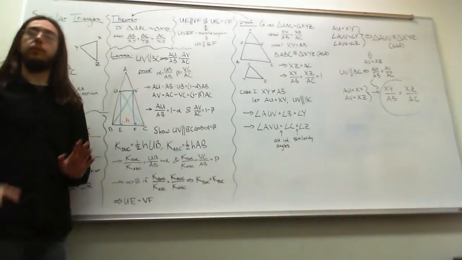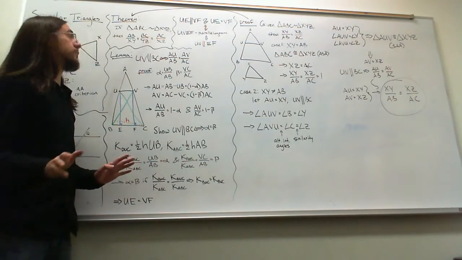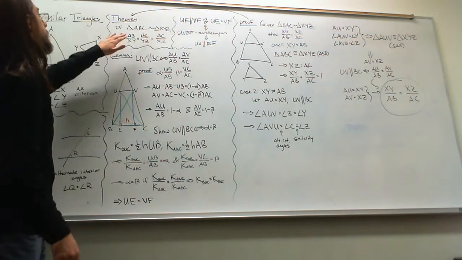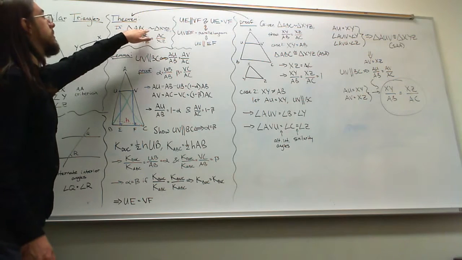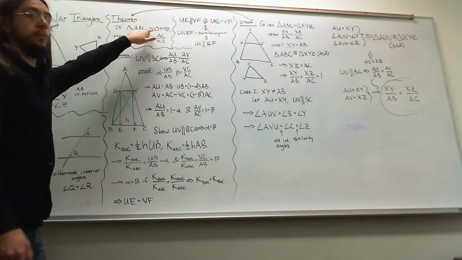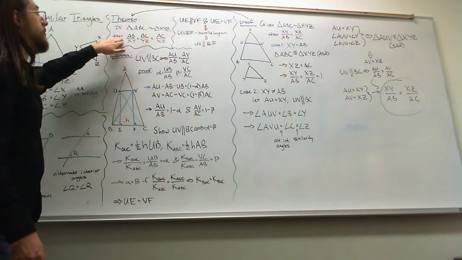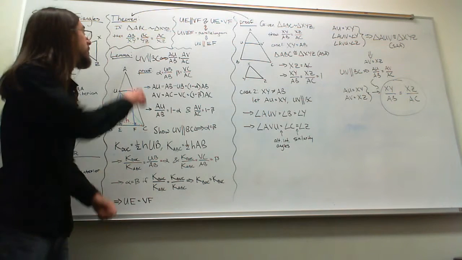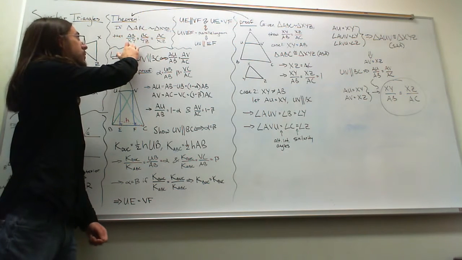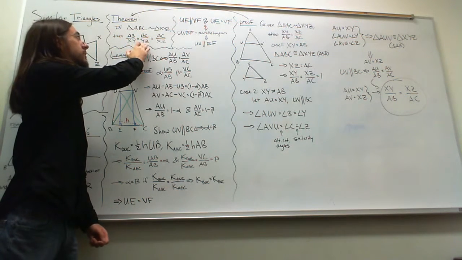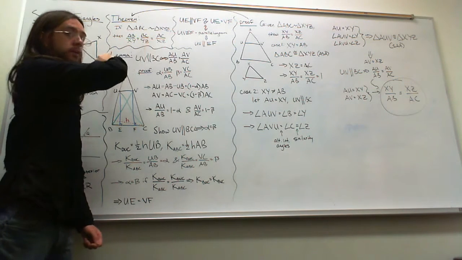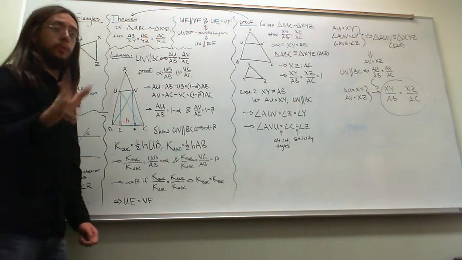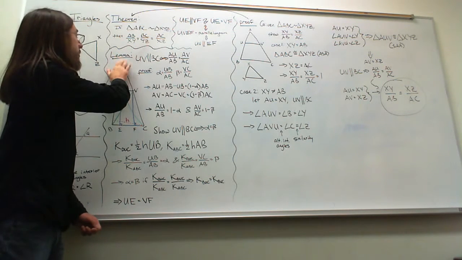All right, so the big theorem that we're going to have to prove for Ptolemy's theorem is this one right here. If we have two triangles ABC and XYZ and they're similar, then we have the following ratios for their sides: AB over XY equals BC over YZ, and AC over XZ equals the same ratio. Before we prove that, we're going to talk about this lemma here.